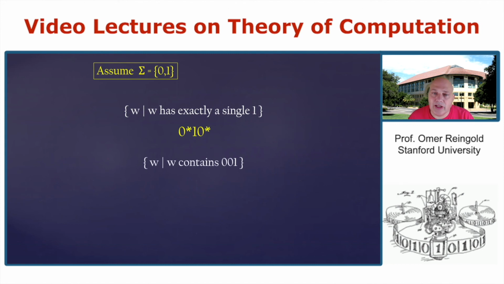How about the language of W where W contains 0 0 1, which should be reminiscent because we described the DFA for this language. So this is similarly (0 ∪ 1)*, so any string, concatenated with 0 0 1, concatenated with any other string, (0 ∪ 1)*.